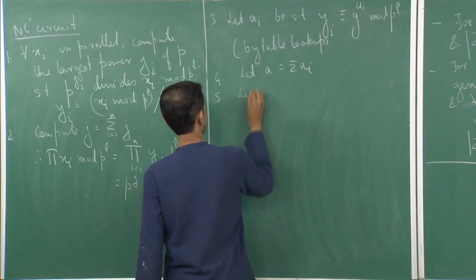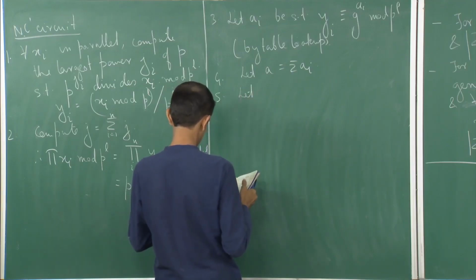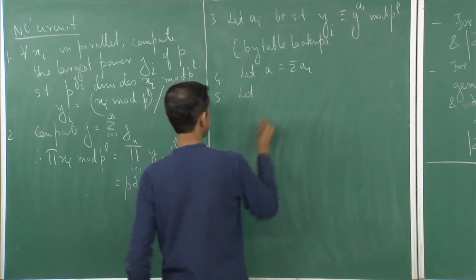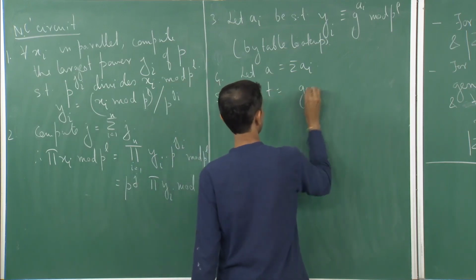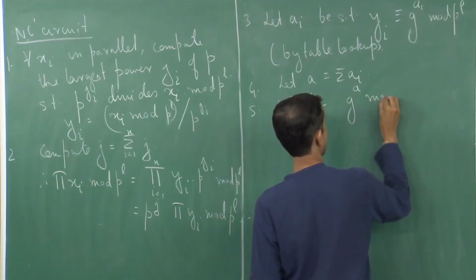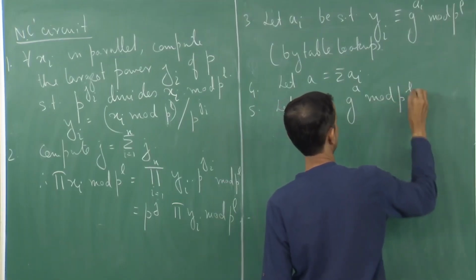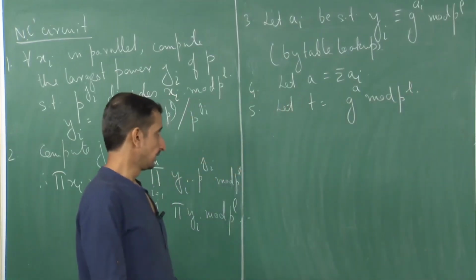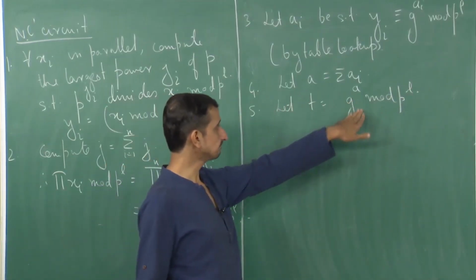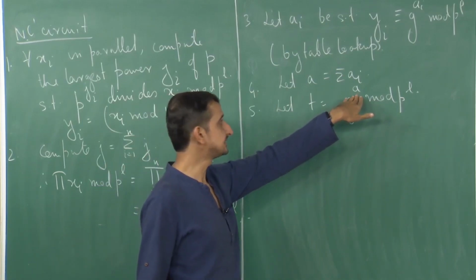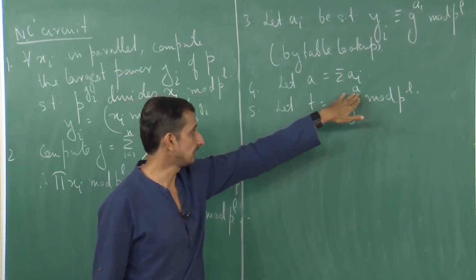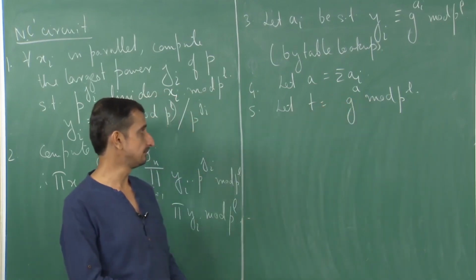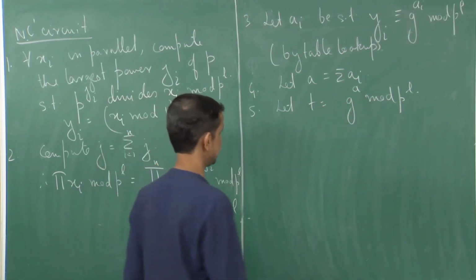So let T be equal to g to the power A. Now again, these exponents, we know that we only have p to the power l minus p to the power l minus 1 distinct exponents.